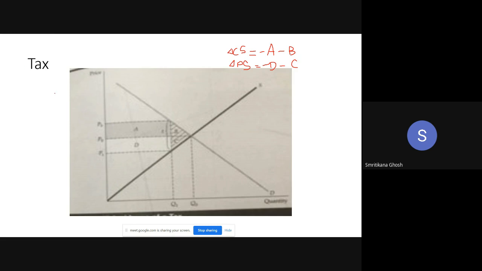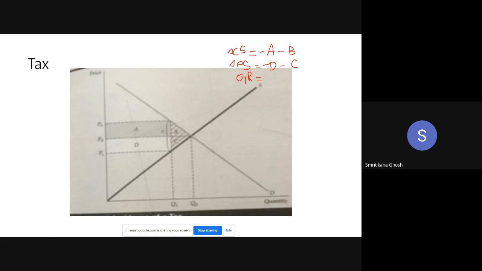Now, who is receiving then? The government is receiving. So what is the government revenue? This is my G, government revenue. Because the government is imposing tax now, so there should be tax revenue. What is the tax revenue?